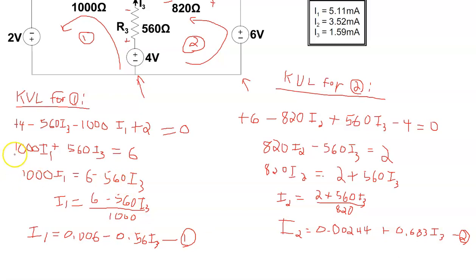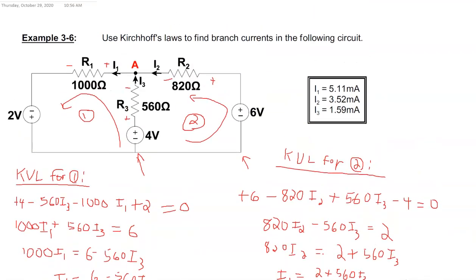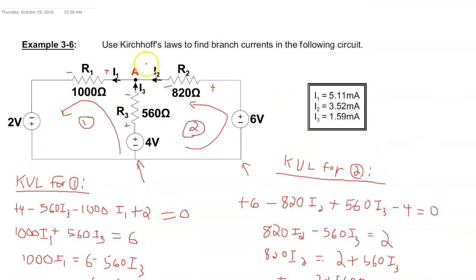Okay, so now our next step is, remember, we want to write Kirchhoff's current law at node A, and that becomes our third equation. So let's do that. I'm going to put that over here just to keep it in view.